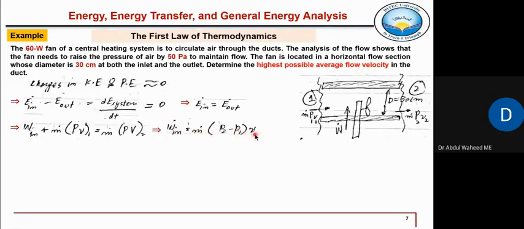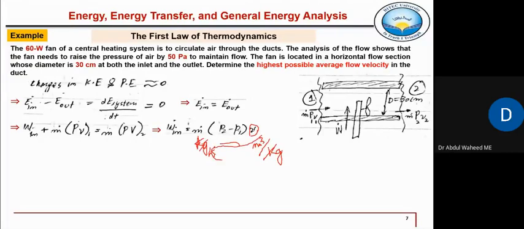This m dot into small v. Small v is specific volume. So what is this term? This m dot is kilograms per second, and this v is meter cubed per kilogram, because it's specific volume. So kilogram will cancel with kilogram.